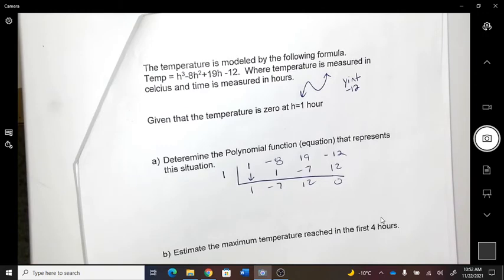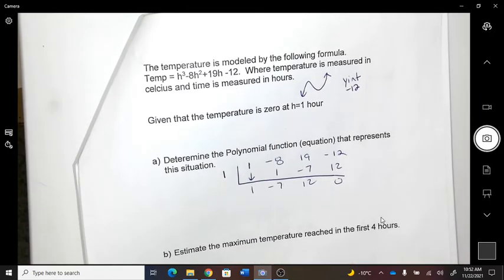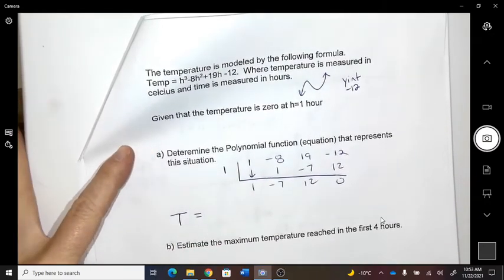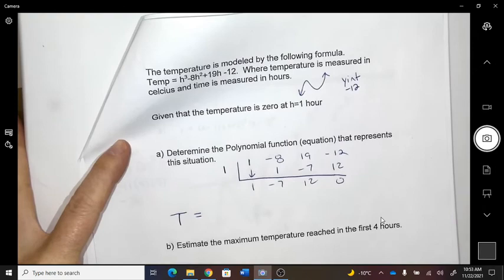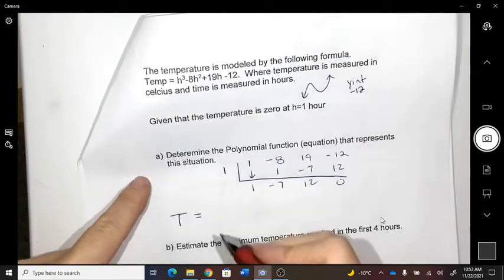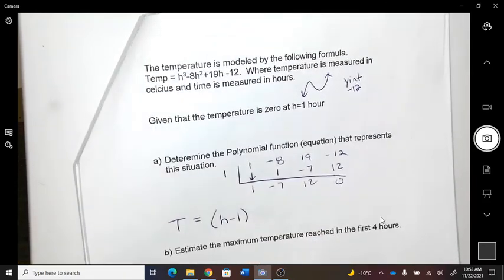Okay, we have to make a polynomial function. Should I use x and y? Nope, I shouldn't, because what letters did they tell me? T and H. So temperature equals, what's the factor you're not going to forget to write? H minus 1.